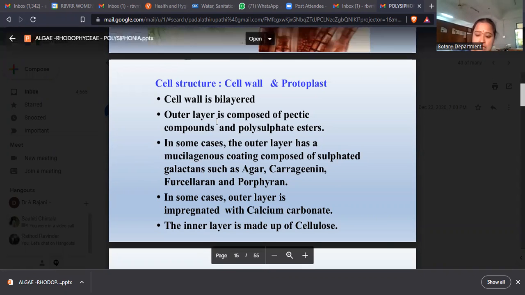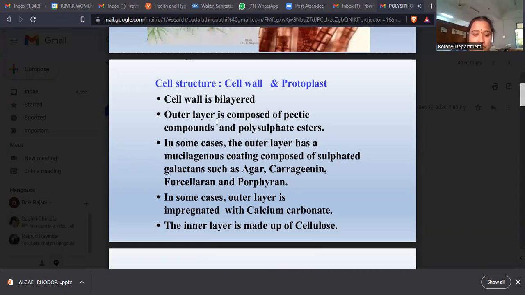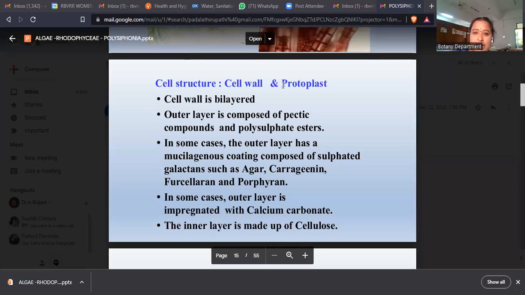Coming to the cell structure. The main important point is that the cell wall is bilayered, with an outer and an inner layer. The outer layer is made up of pectins, and the inner layer is made up of polysulfates, sulfate esters.